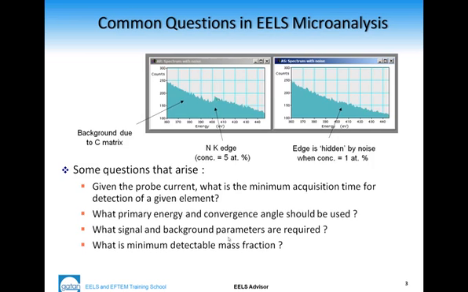And once we've grabbed our spectra, what are the signal and background parameters necessary to quantify that particular edge? And once we've quantified it, what is the minimum detectable mass fraction of that particular element? These are some of the questions that EELS Advisor is attempting to answer.